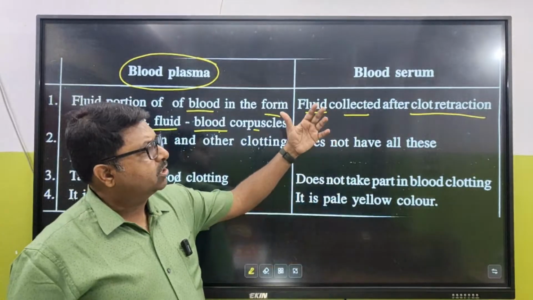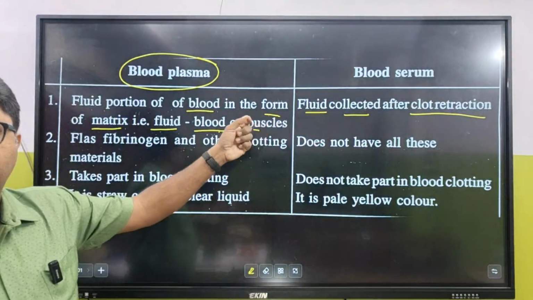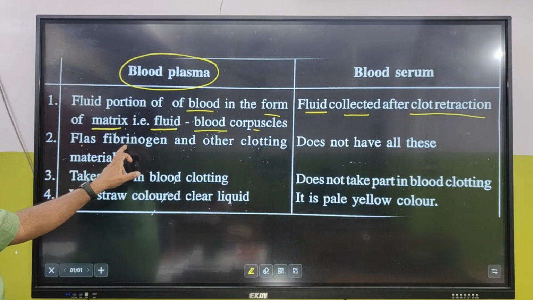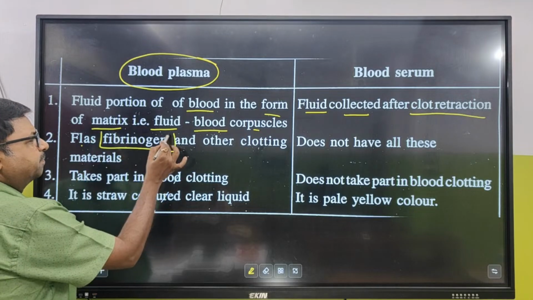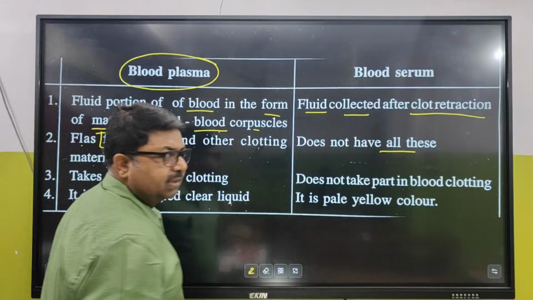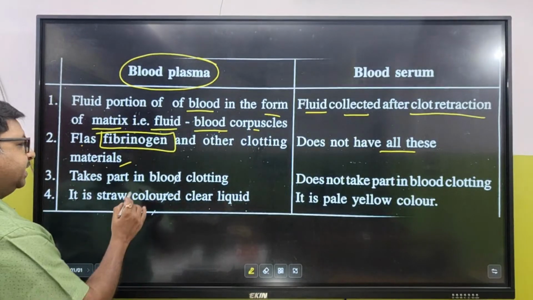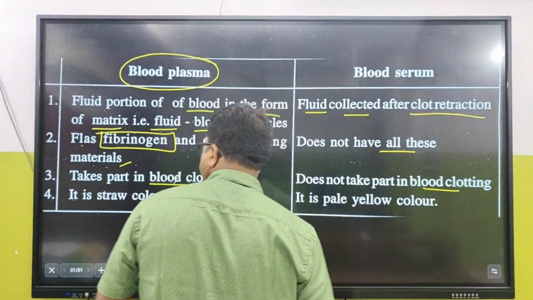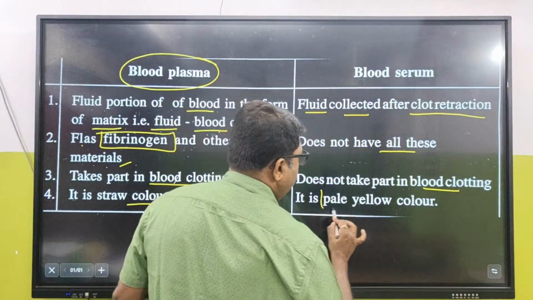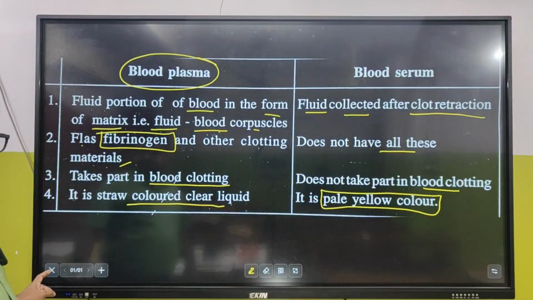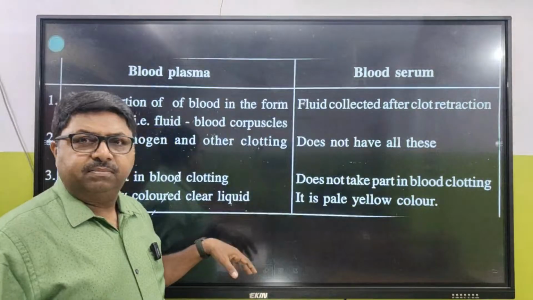After the blood has clotted, there is some fluid structure, and that is serum. Plasma has fibrinogen, a protein, and other clotting materials, which take part in blood clotting. But serum does not have all this and does not take part in blood clotting. It is a straw-colored clear fluid, a pale yellow color. That's the difference between blood plasma and blood serum.